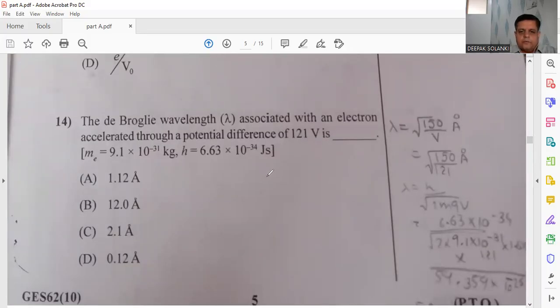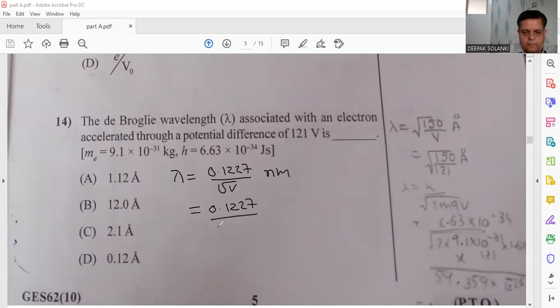The de Broglie wavelength lambda associated with an electron accelerated through potential 121 volts. So we have a direct formula for an electron: 0.1227 by under root V nanometer. So 0.1227 upon under root 121, that is 0.1227 upon 11.